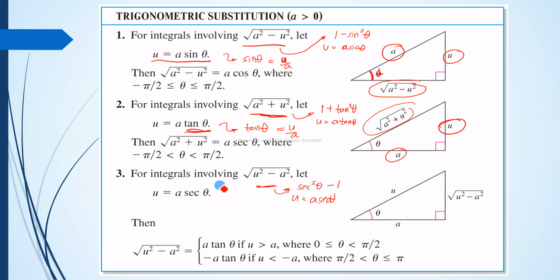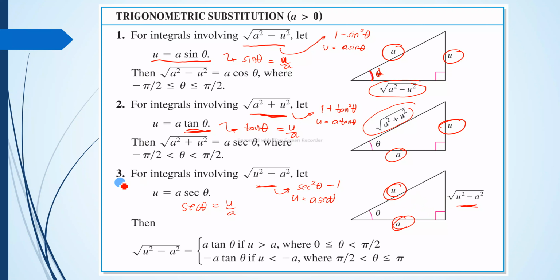And for the last part, we have secant theta, which you can write as u over a. And we know that the secant identity is equal to hypotenuse over adjacent. So we have here our hypotenuse as u, and the adjacent is a. And the unknown part is just the square root of the hypotenuse squared minus the square of the second leg.